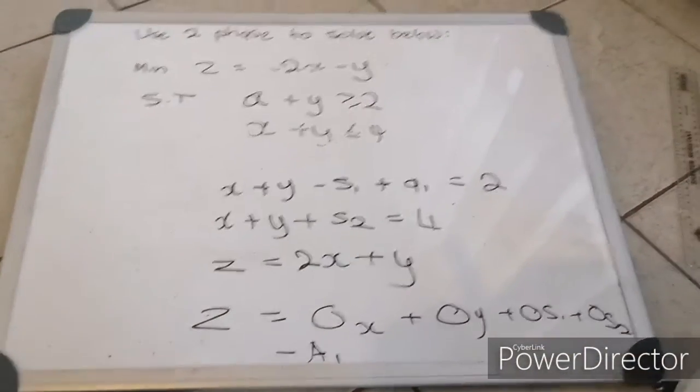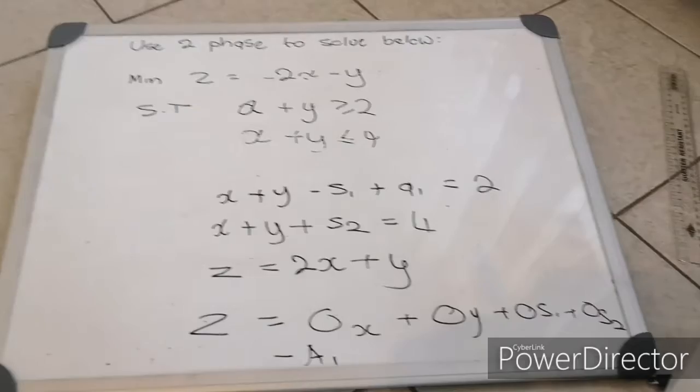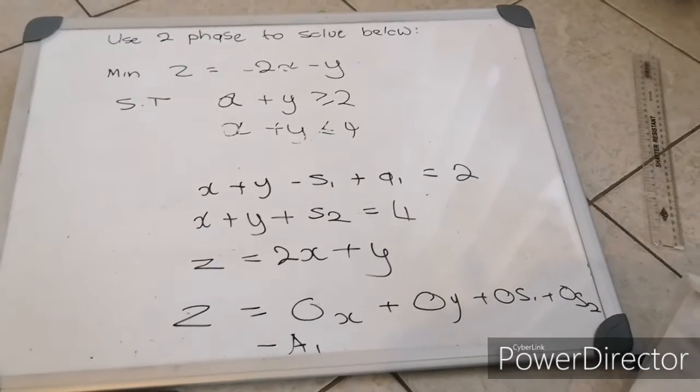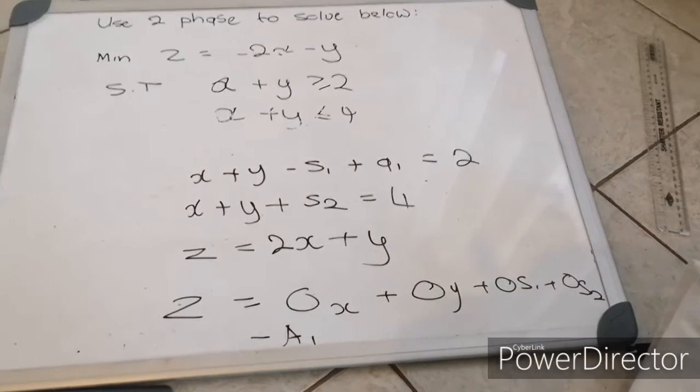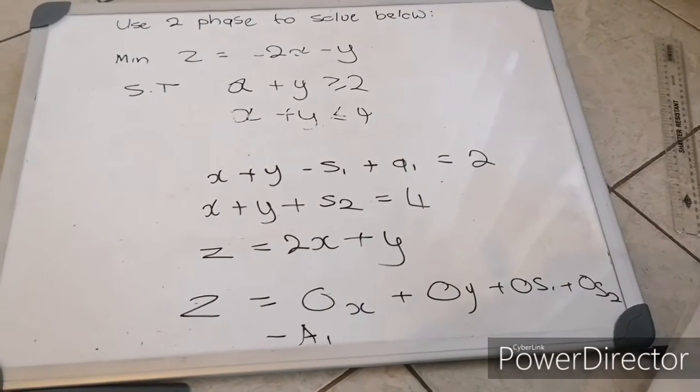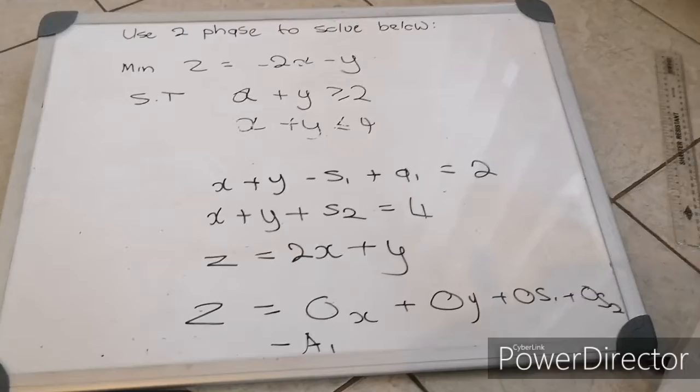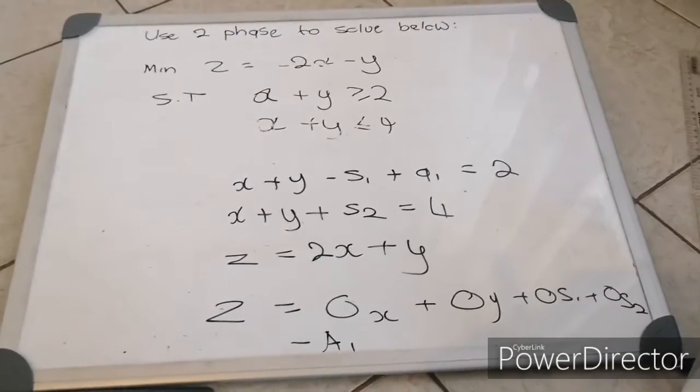Those would be the values used to prepare you for the two-phase calculation, or rather the first phase in the two-phase process of the simplex algorithm. Cool. Let's go on further.